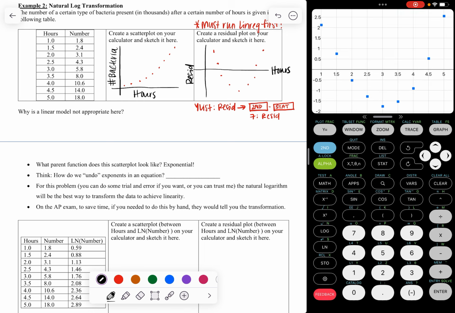One thing you have to make sure is that you reference what you're looking at. So the scatter plot shows a curvature, and the residual plot shows no random scatter.